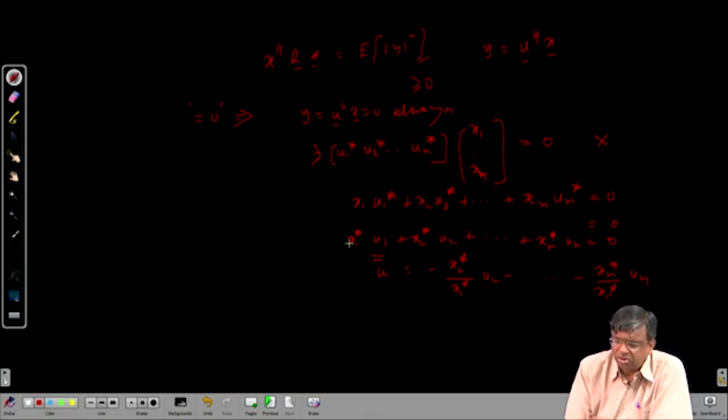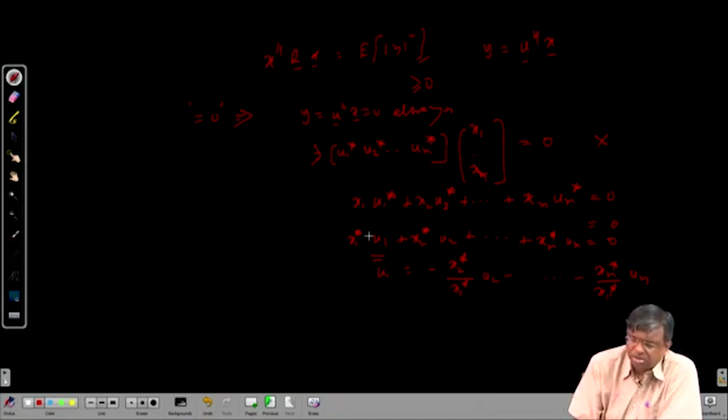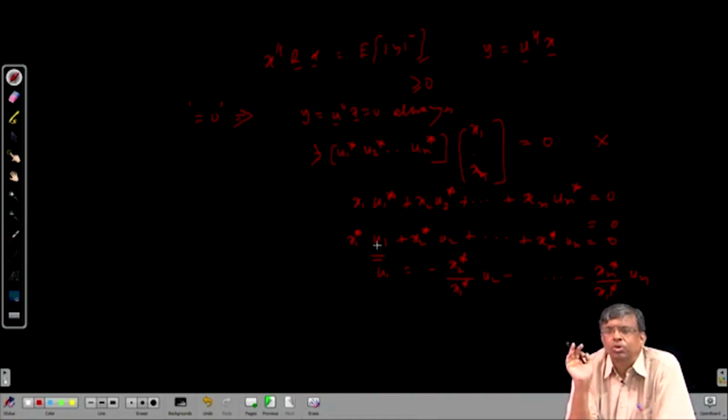So x1 star is also non-zero. Non-zero into u1 equal to 0 means u1 must be 0. That is, u1 is such a random variable which will take 0 value always. When you take a product with some non-random scalar, the result is 0 in all experiments. But in practice, we do not encounter random variables which in every trial take only a prefixed 0 value.